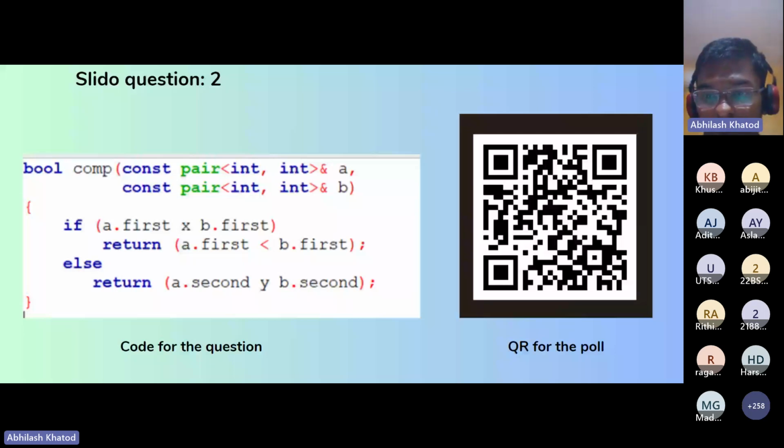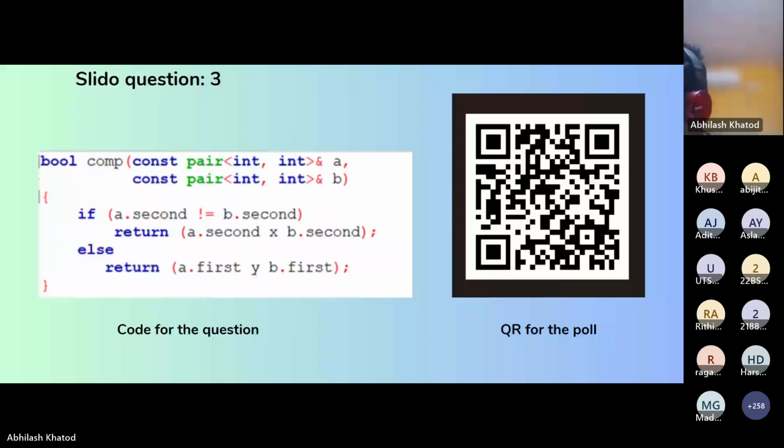Okay, show the code. Just a second. Sorry. Guys, be quick. Show participation. If the answer is wrong, nothing happens. You will get to learn only. I hope most of you have done it.